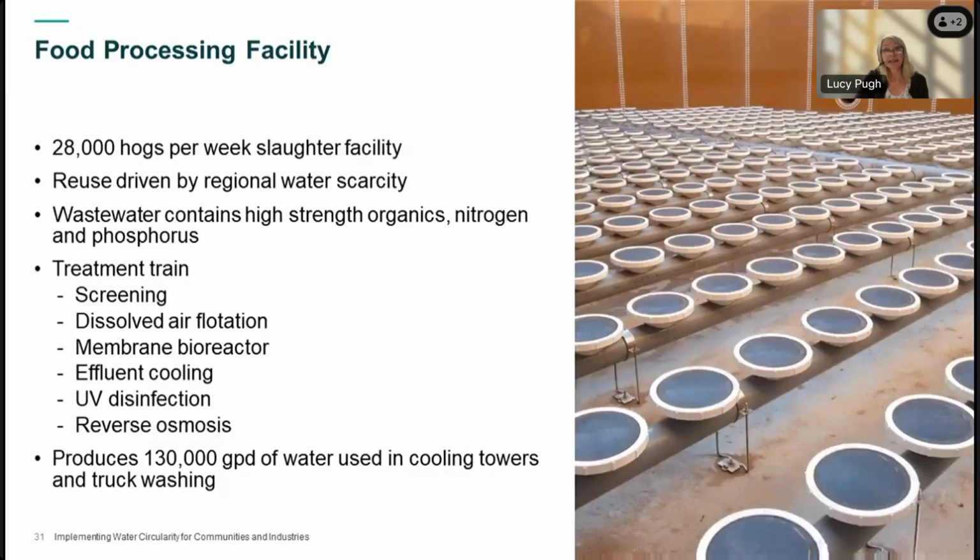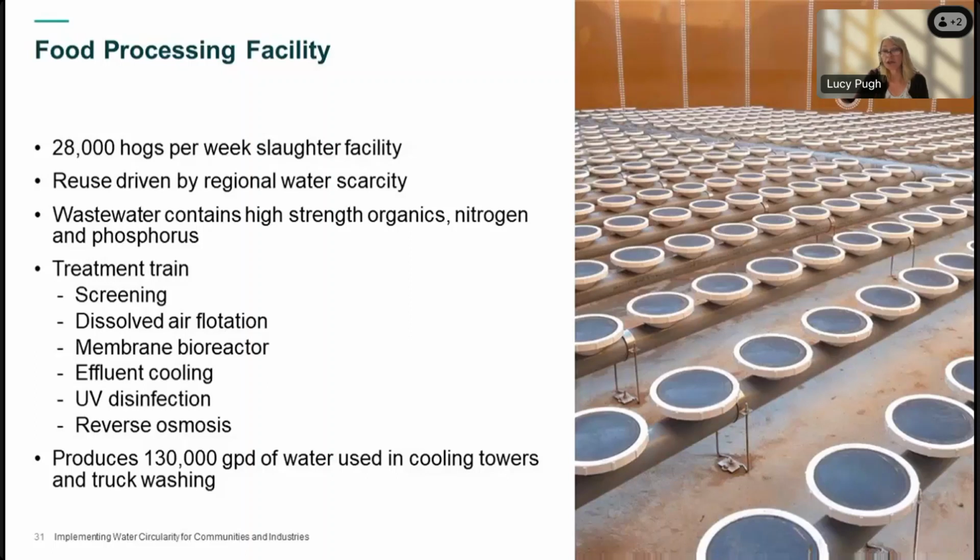And this next example is an example of industrial wastewater effluent recycle. This was a pork processing facility that was expanding its production. They are located in a water scarce area, and there was not a water supply that would allow them to expand their production. So they turned to water reuse. They also had very stringent discharge requirements for nutrients from their wastewater discharge.